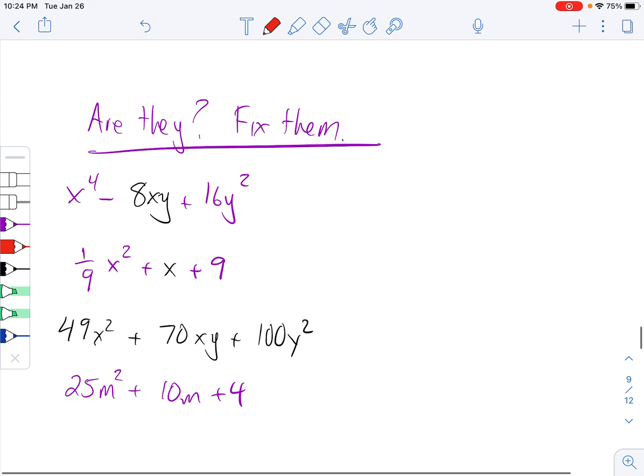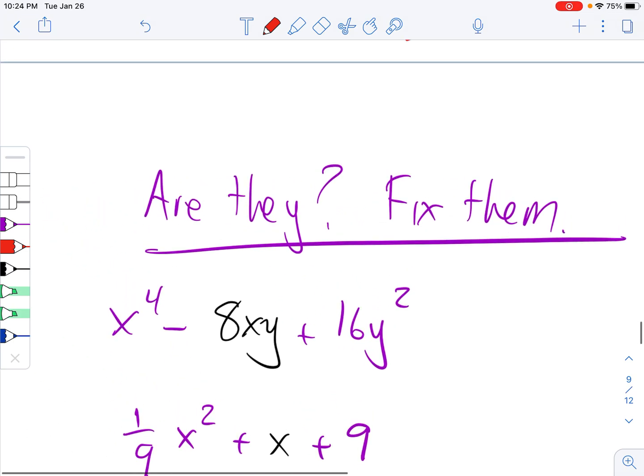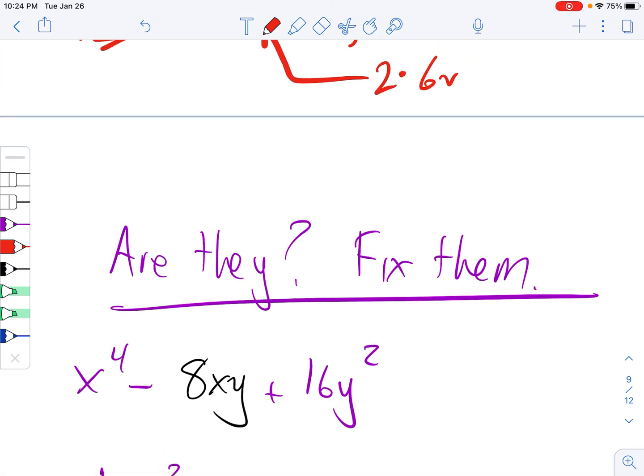So question, are these perfect square trinomials? If they aren't, fix them. So we've started to develop a rule. If we take the square root of the first and the square root of the third, and we multiply those together, and then we double them, we should get the middle term.